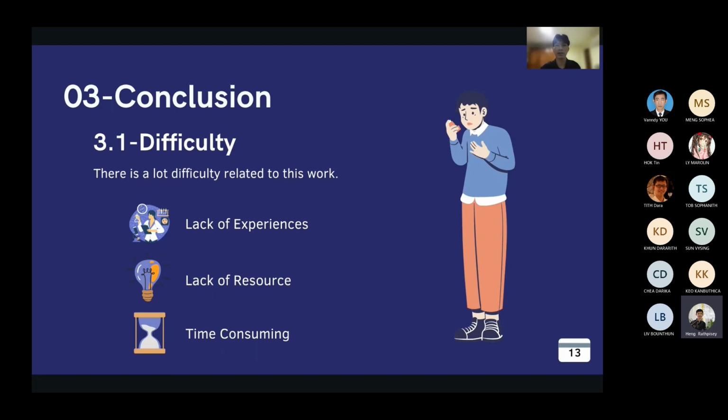Also, lack of resources, because the smart card is old and was created a long time ago, and it was also time consuming, because we spent a lot of time to understand the technology and also the use case.